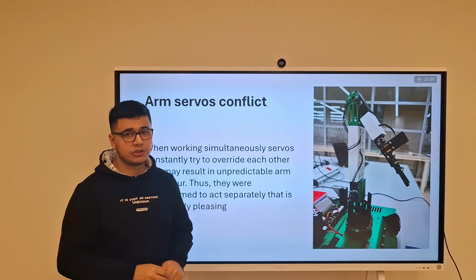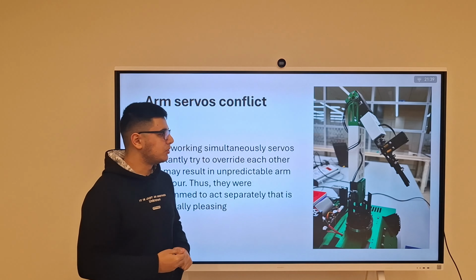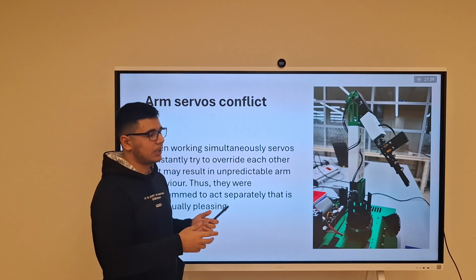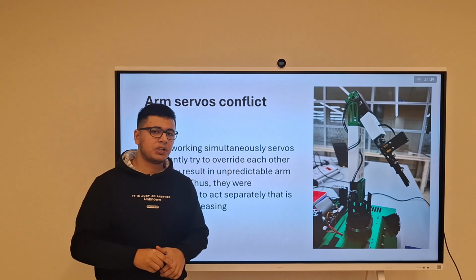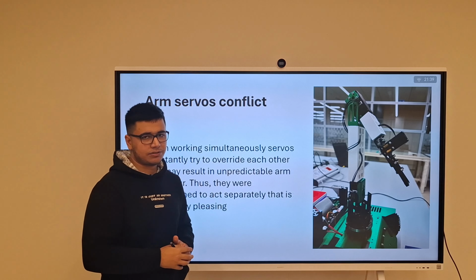Also, of course, we could implement it more gently by setting up some time and rotations based on the angles of the servo, but we decided to pick the easiest way since the project itself is quite easy.